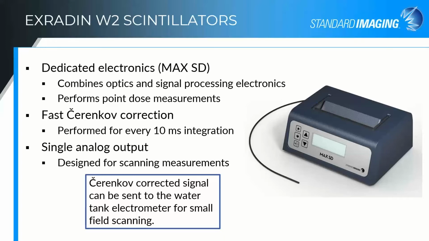Or you can actually attach the output of the Max SD to the input of your water tank and use it for scanning. So the Max SD will do a Cherenkov correction for every 10 millisecond integration that it collects from the fiber, convert that into an analog output and output that to your scanning tank.